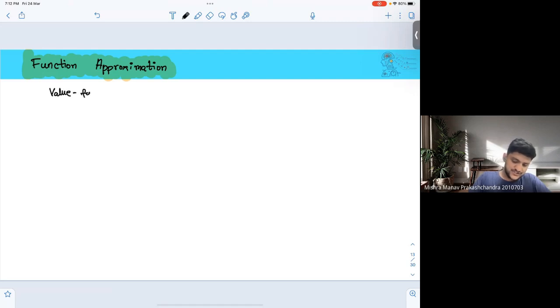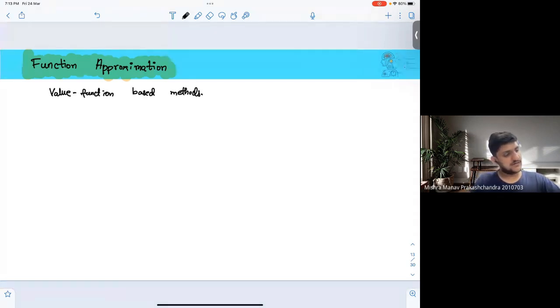These are the value function based methods, right? So essentially what happens is you have some sort of a lookup table.